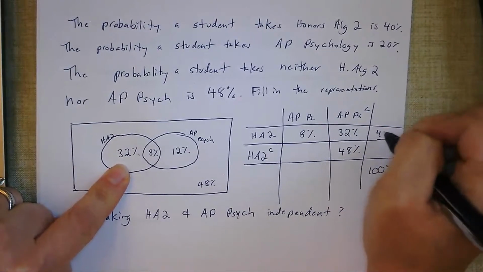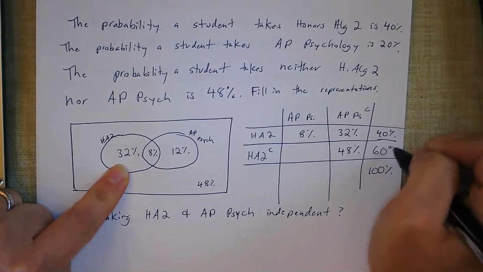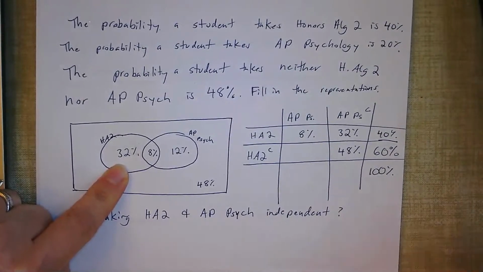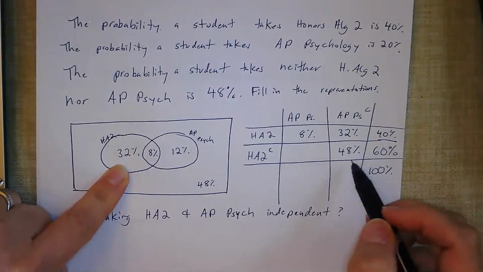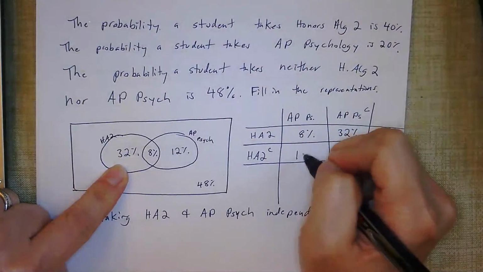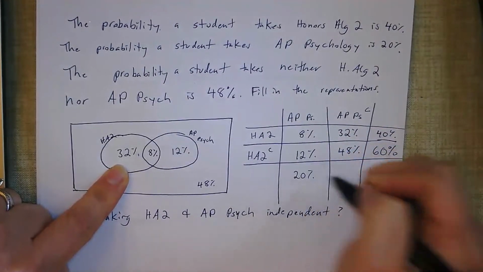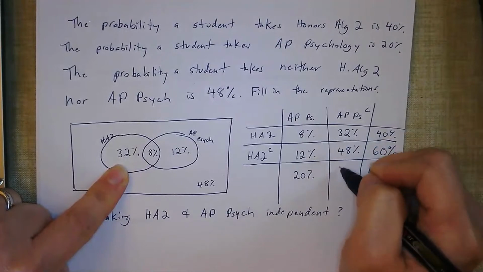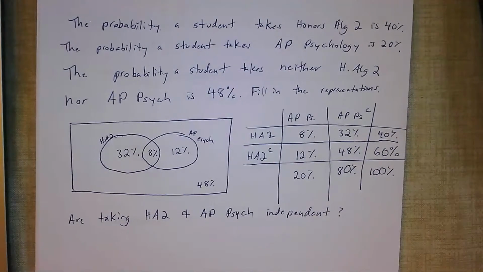And that adds up to my 40% of all Honors Algebra 2 students, which means 60% of students don't take Honors Algebra 2. And if 48% of them also don't take AP Psych, 60 minus 48 is 12. When I add these up, that would be 80. There we go. So we filled in the representations.